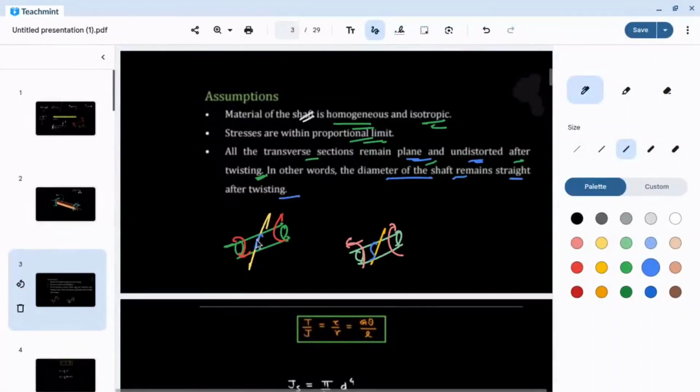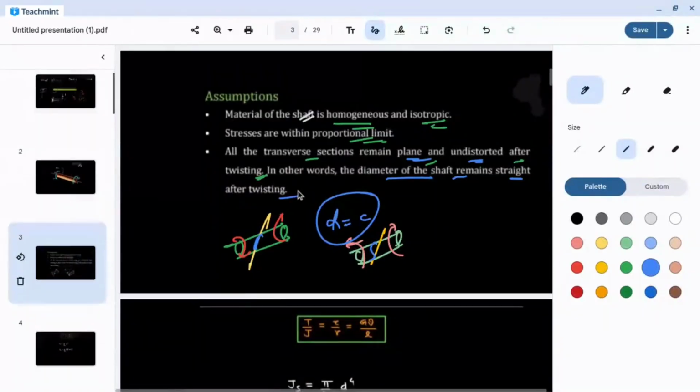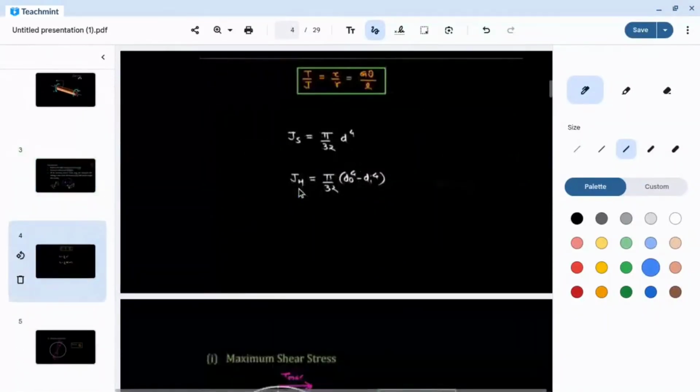The diameter should remain constant. This is the first assumption. Especially for distortion, the diameter must remain unchanged.